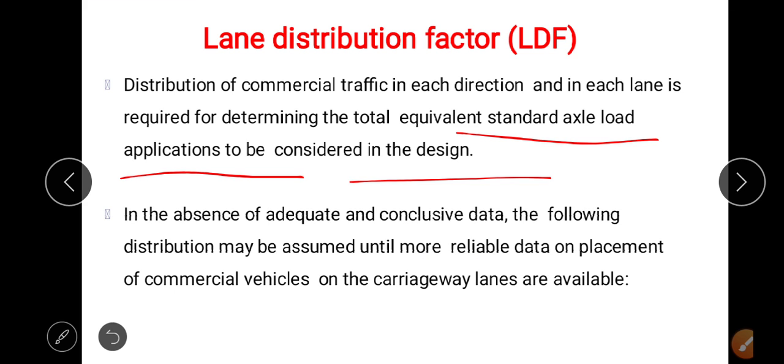In the absence of adequate and conclusive data, suppose sometimes you may not get adequate data, the following distribution may be assumed until more reliable data on placement of commercial vehicles on the carriageway lanes are available. So unless you get the data, you cannot stop. Show must go on. So in that case, you have to follow certain other guidelines given by IRC.